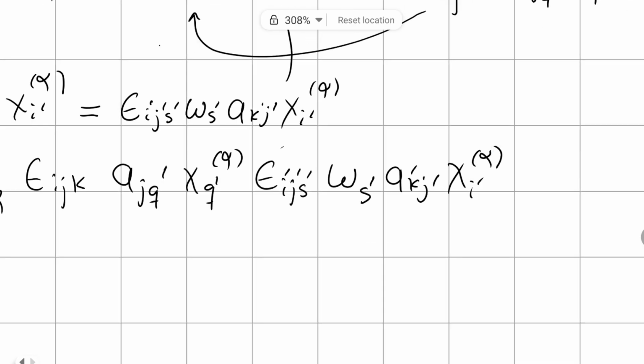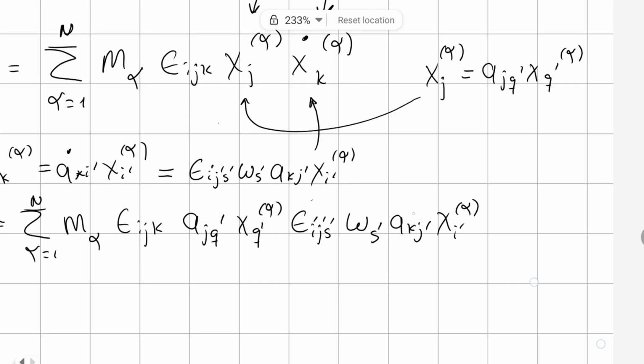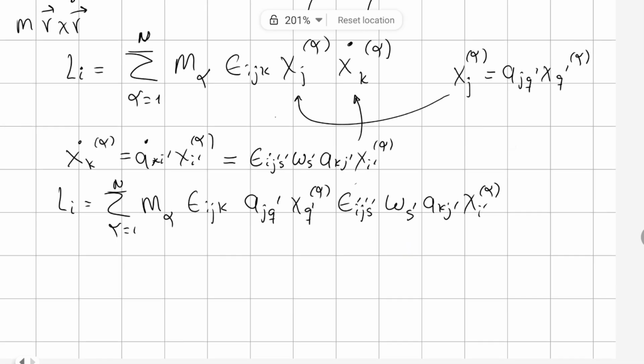And actually this k is not primed. Yeah, because remember that we are transforming from a base to another one. So that is why we do not have to use the prime notation in the k index.